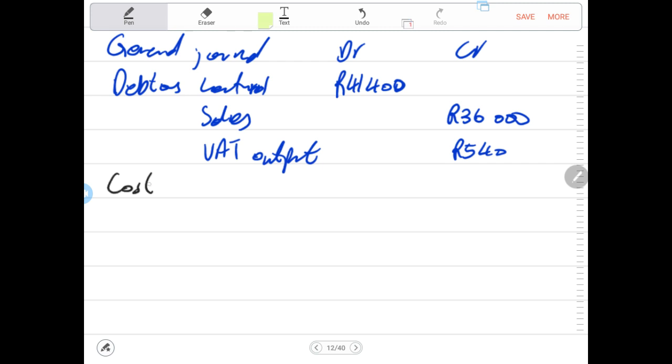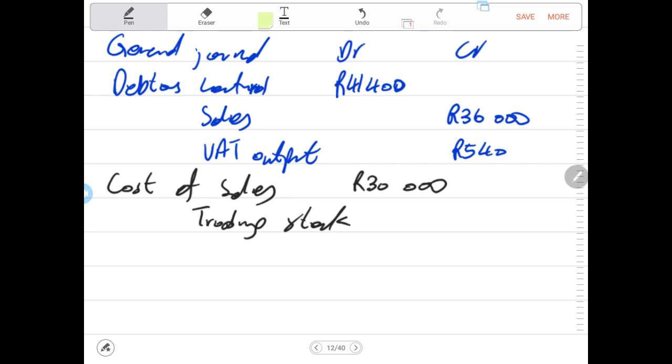Then we debit our cost of sales, then we credit trading stock. The cost of the products we are selling is 30,000 rands. It's already given to us.